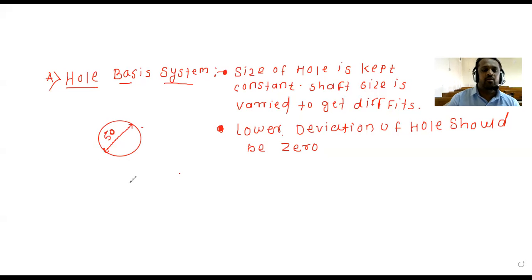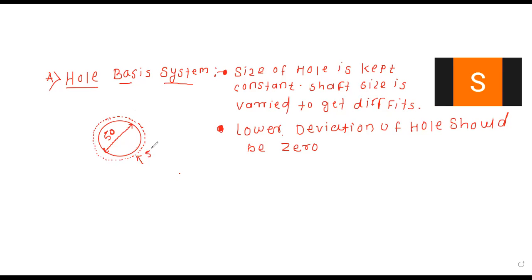But we know that exact size manufacturing is not possible, so suppose the size of the hole exceeds and becomes 51. We wanted to drill a hole of 50, but how much variation has occurred? Yes, 51. Again, in this hole basis system it is acceptable.